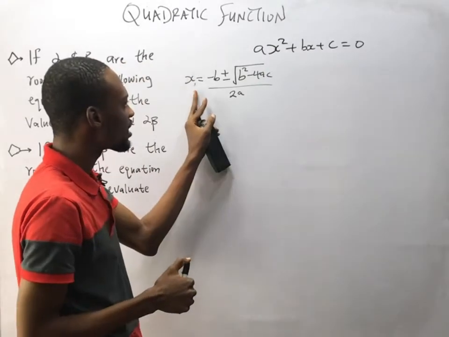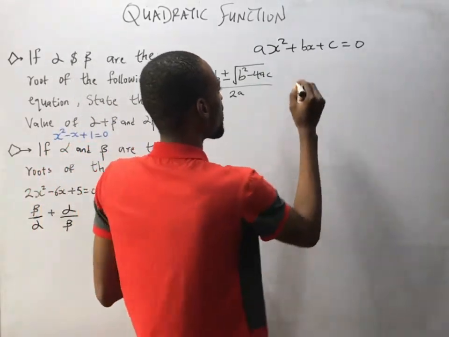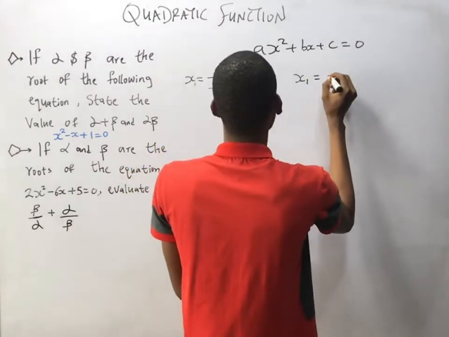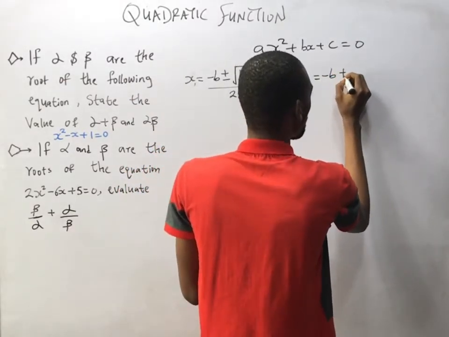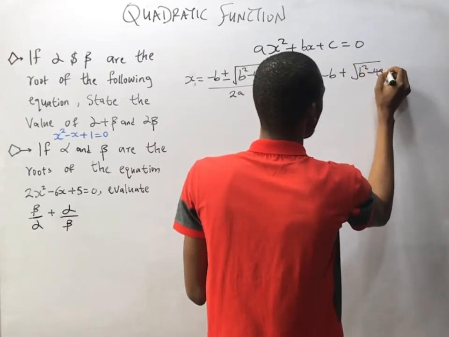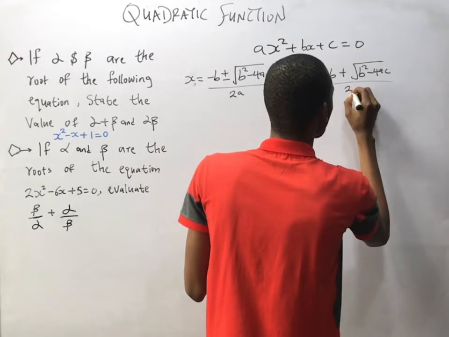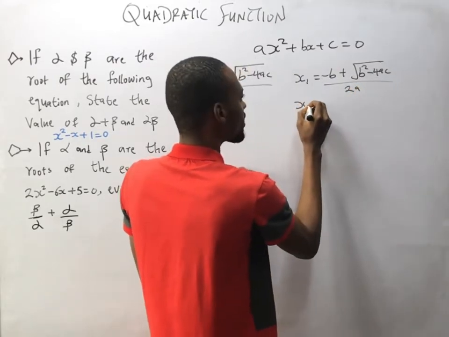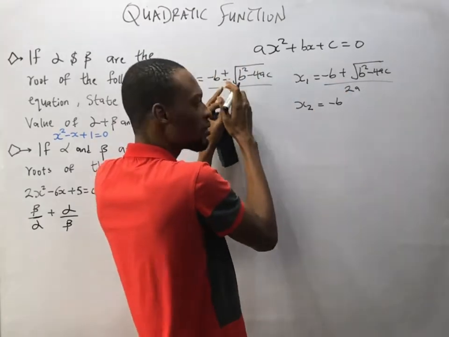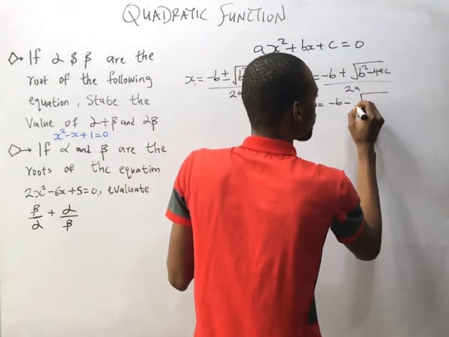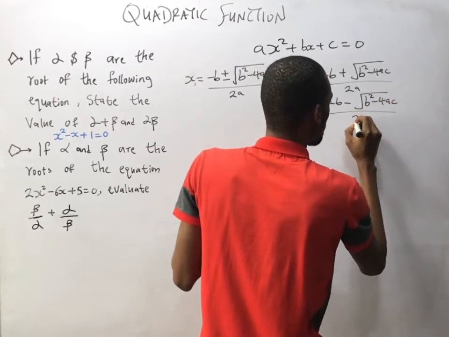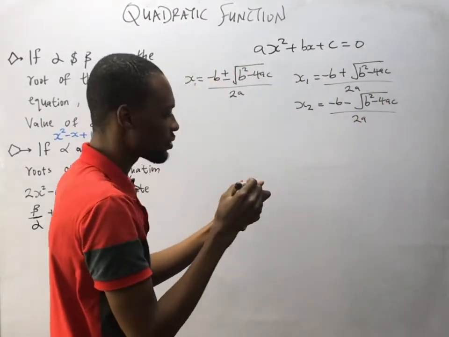Now, if this is the case, this means x, or the first value of x, x1, equals minus b plus square root of b squared minus 4ac all over 2a. And the second value of x, x2, equals minus b, so we've used plus, now we use minus, square root of b squared minus 4ac all over 2a. So these are the two values.